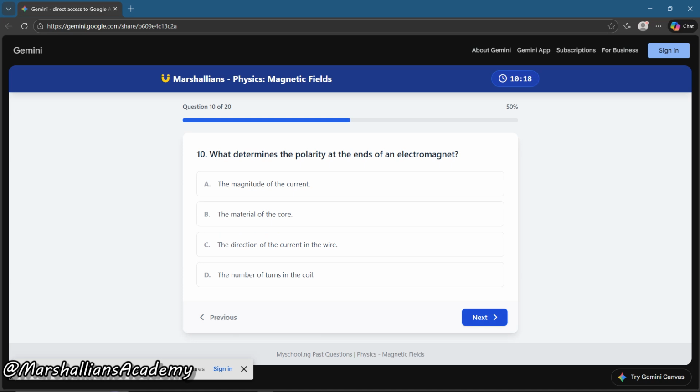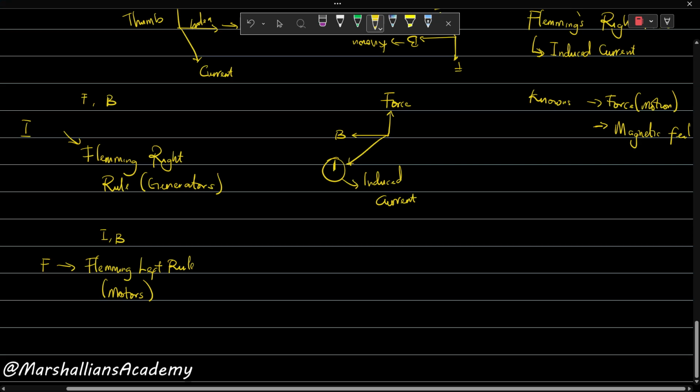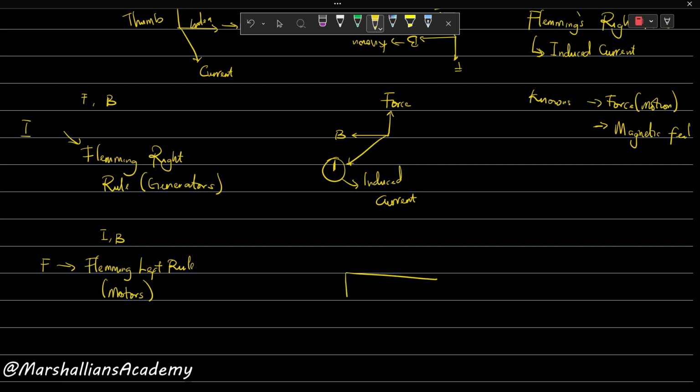All right, they ask what determines the polarity at the ends of an electromagnet? An electromagnet is a magnet that was created with the use of electricity. Images are better to explain this.